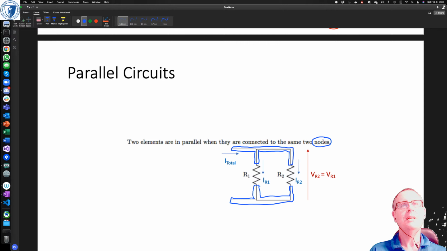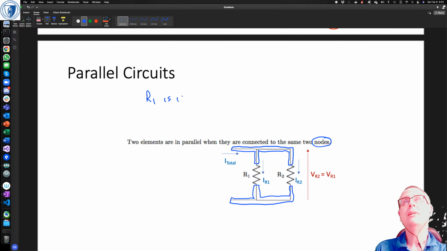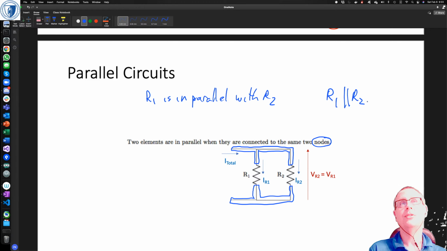So for these 2, we just say that R1 is in parallel with R2. Sometimes I use the shorthand of 2 parallel lines between R1 and R2.